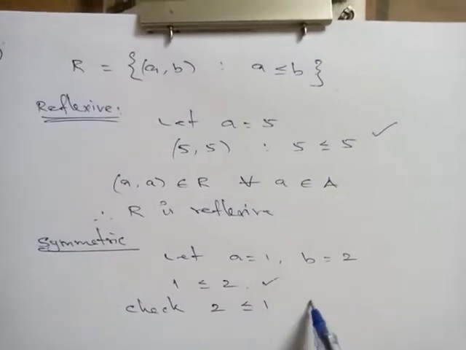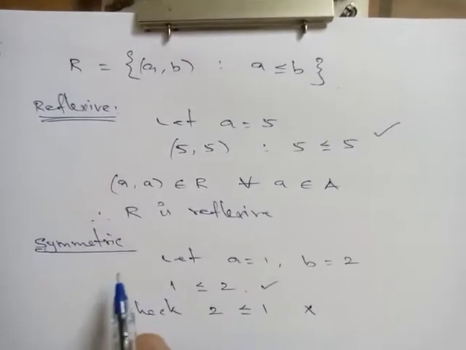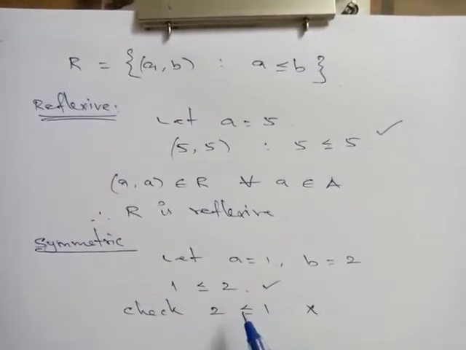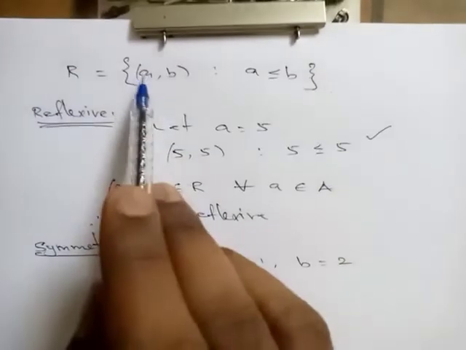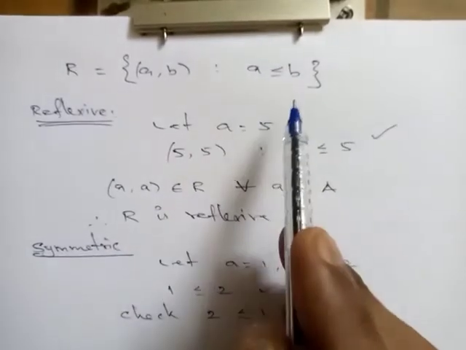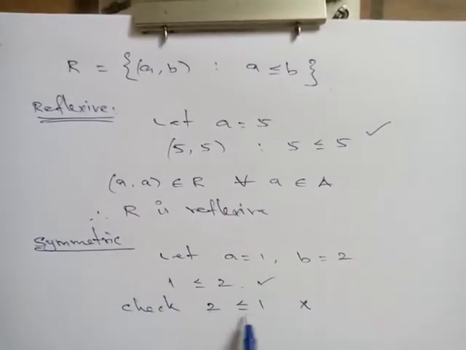Is it true? No. If you change this order, symmetric means we have to interchange and check. a comma b is there means b comma a must be there, then only we can say it is symmetric. But here 2 is not less than or equal to 1.